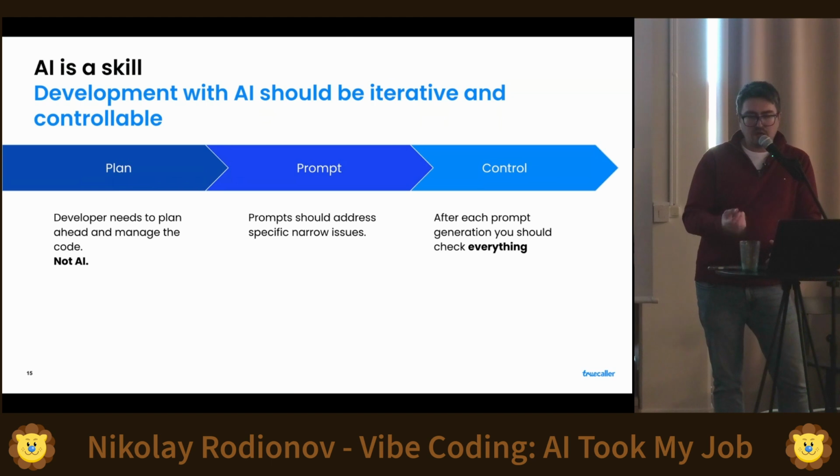You need to understand each line of code. And if you see a weird line that's uploading your information somewhere that you don't understand, please do not accept it, because otherwise it can be a new security issue. So yeah, you need to understand every small piece of what was generated by AI.